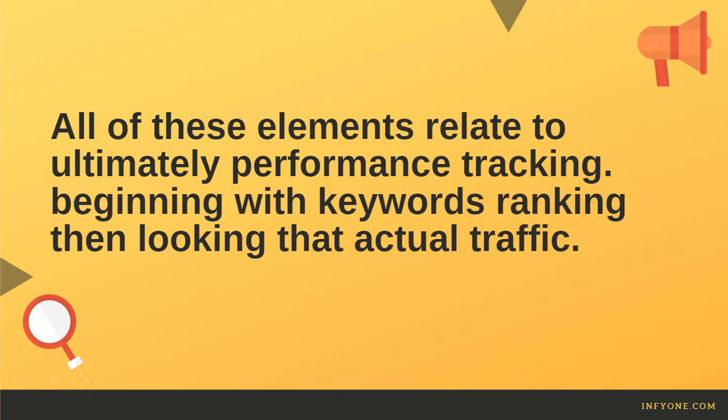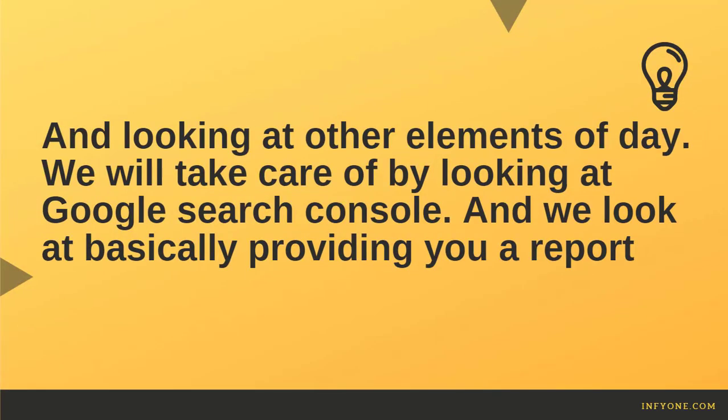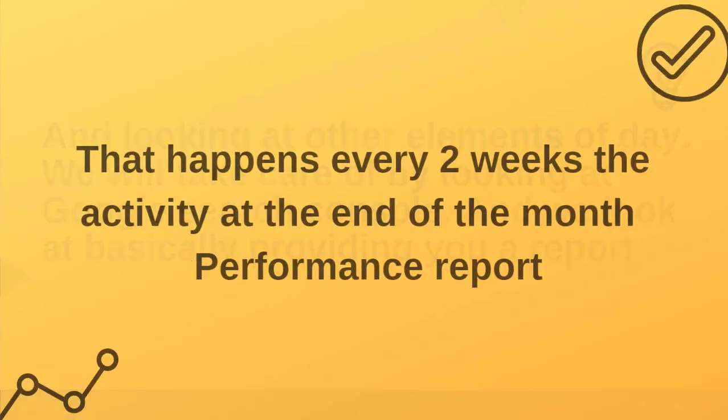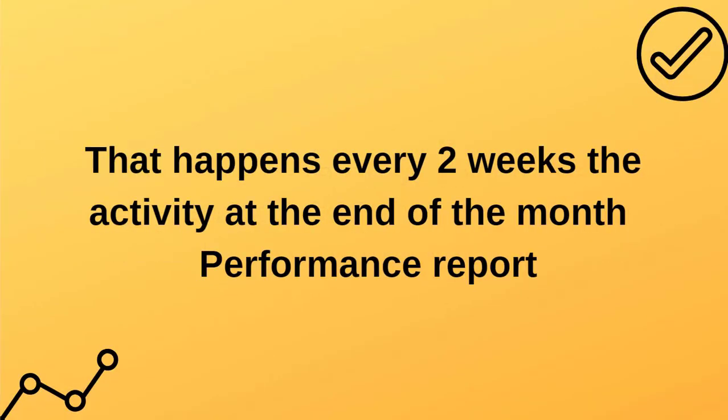All of these elements relate to performance tracking, beginning with keyword rankings, then looking at actual traffic flows and other elements. We take care of it using Google Search Console, and we provide you a report every 2 weeks, plus an end-of-month performance report.